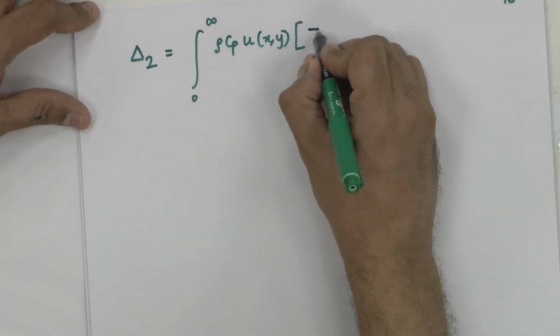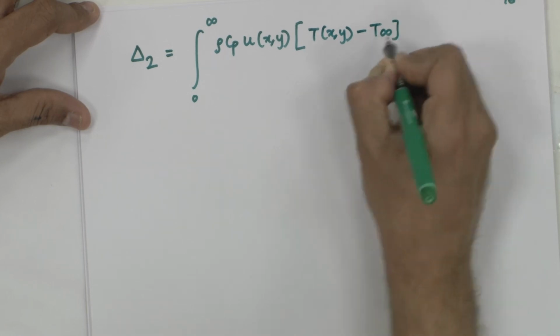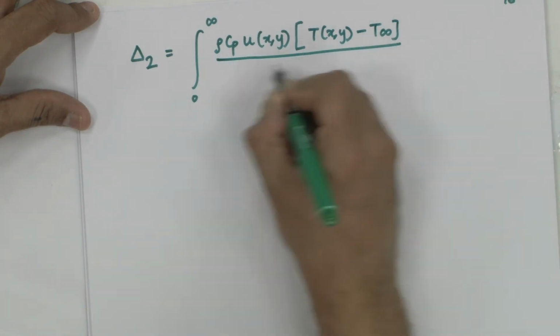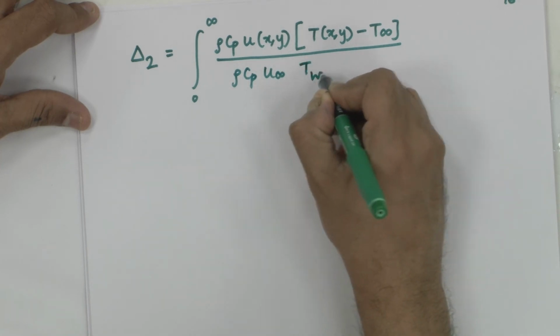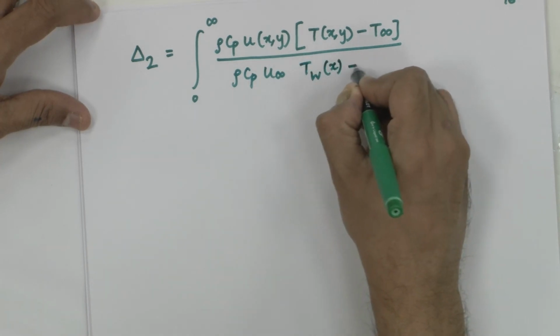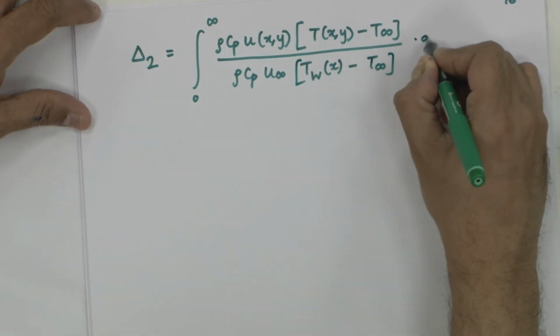It is given by integral 0 to infinity rho Cp u of x comma y. I am putting this x comma y to emphasize that these are all variables, T of x comma y minus T infinity divided by rho Cp u infinity, T wall of x, could be a function of x or a constant, does not matter, times dy.